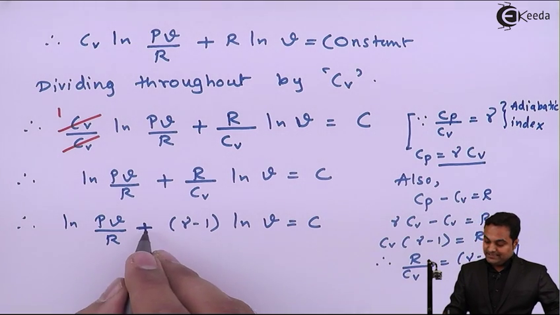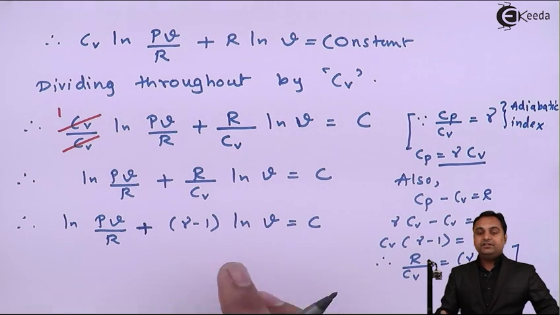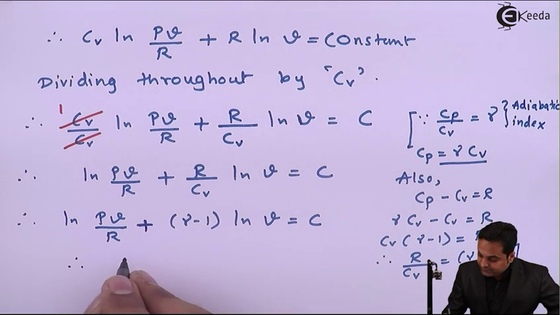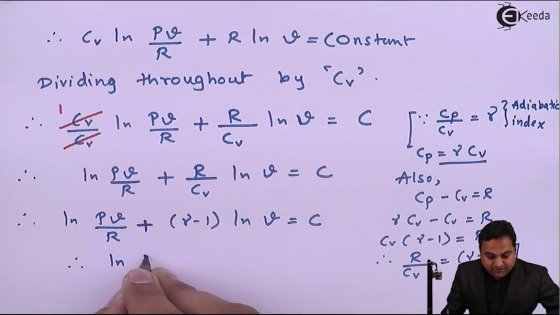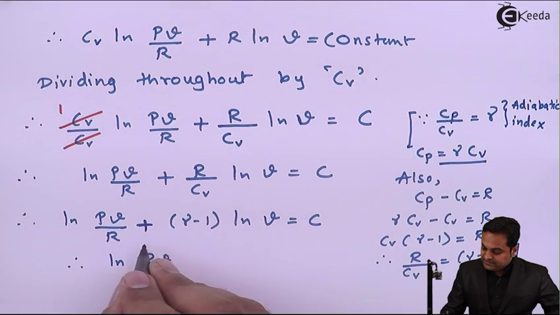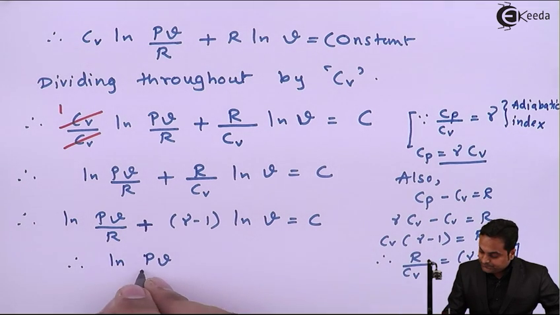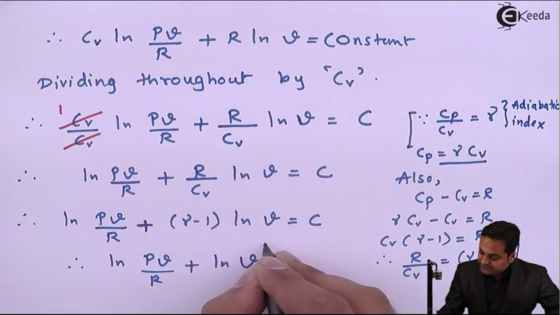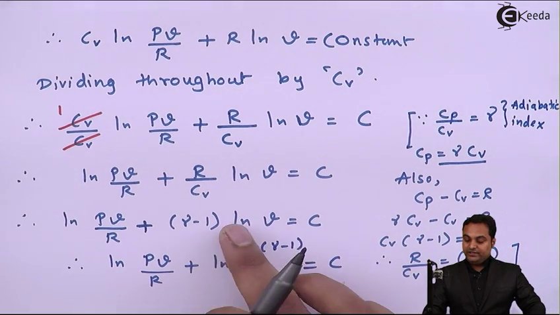Then, as per the rule of ln, here there is a plus sign, so it can be written in the form of multiplication. Therefore I'll get it in this way: ln of PV into, now this term first I'll simplify before multiplying. Plus this gamma minus 1 ln V can be written as V raised to the power gamma minus 1, this is one and the same thing.